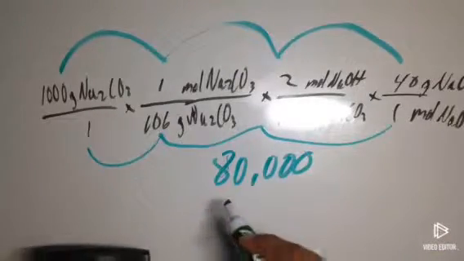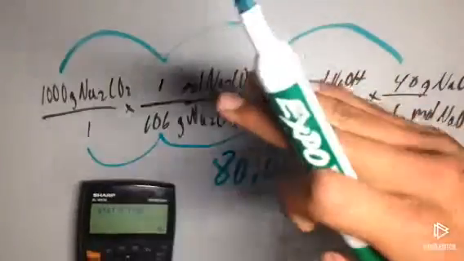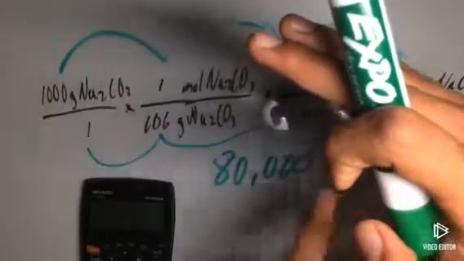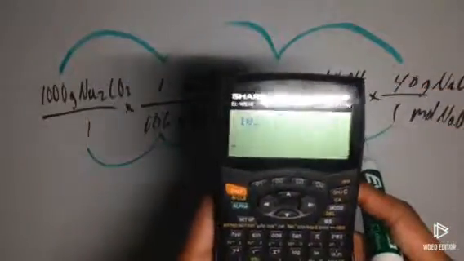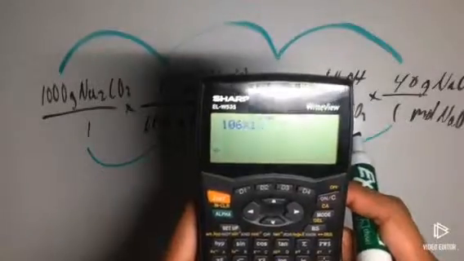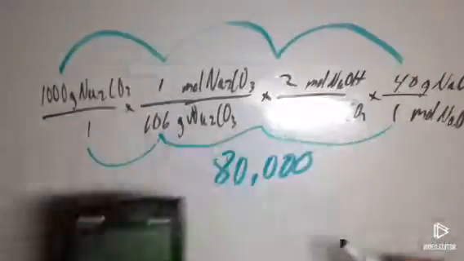So 106, and again there's a 1, that's a 1. So it'd be 106 times 1 times 1 times 1, which is obviously 106.